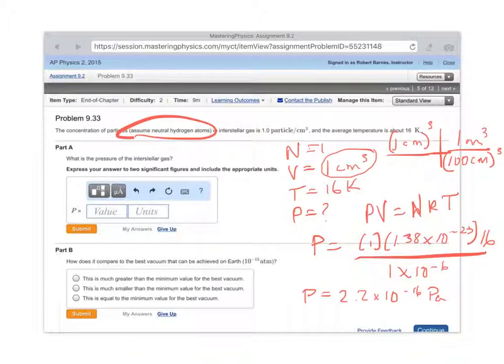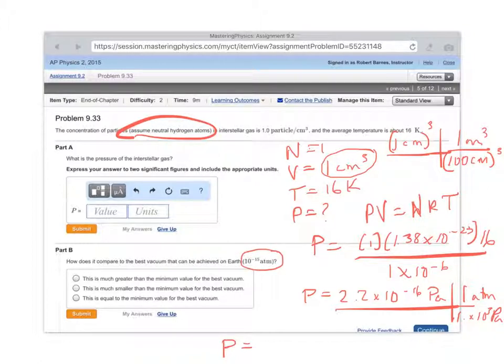Okay, but they want it in atmospheres, and so 1 atmosphere is 1 times 10 to the 5th pascals, so I have to divide by 10 to the 5th. So I'm going to get a really tiny number here. So the pressure in atmospheres, because you notice there, they want us to compare to atmospheres.